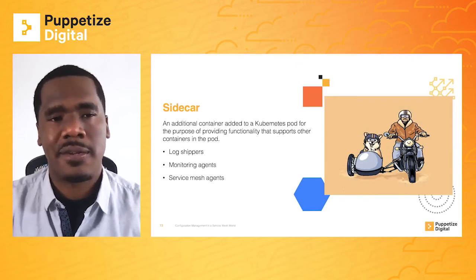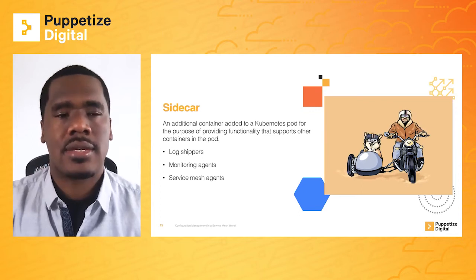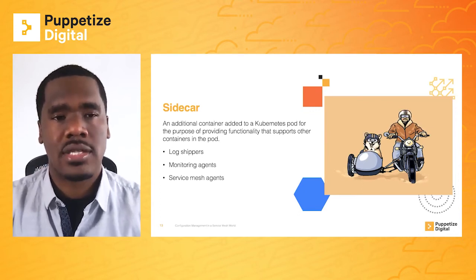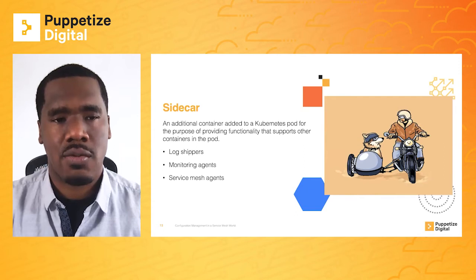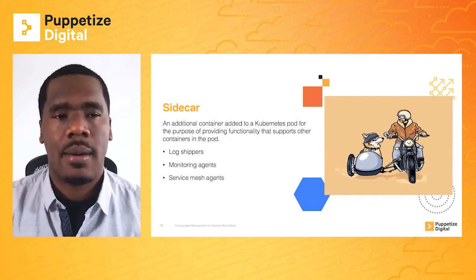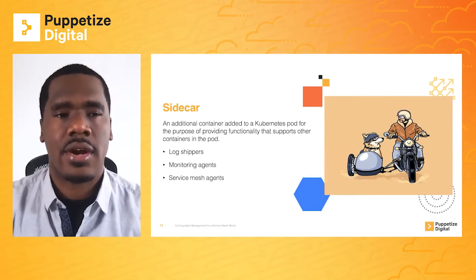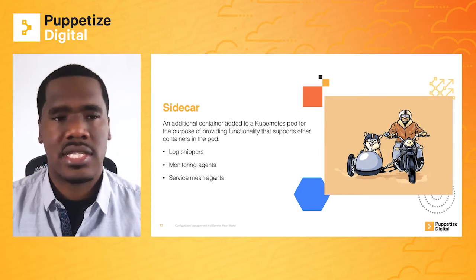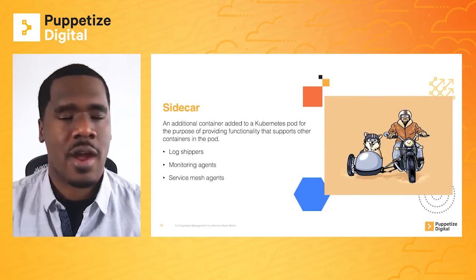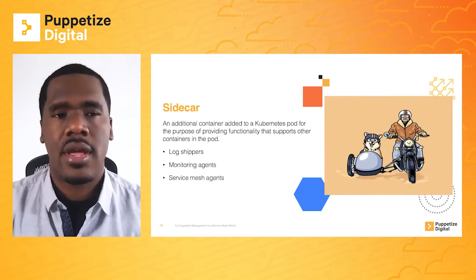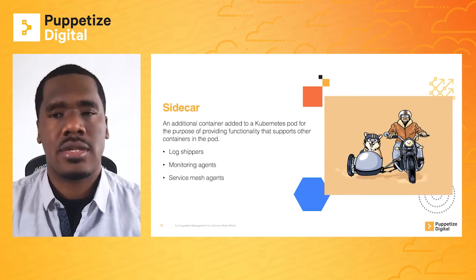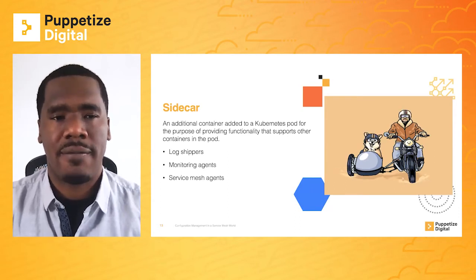And so common examples would be log shippers. So needing to ship logs from your application that runs in the pod to something like an Elastic or a Splunk. And so what that sidecar container does is it just handles the role of grabbing data from the primary container and then shipping that log data to the logging platform.